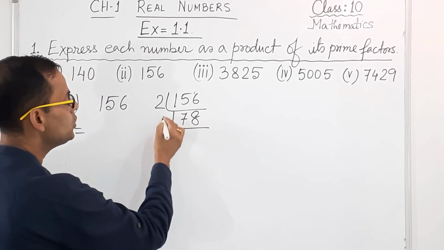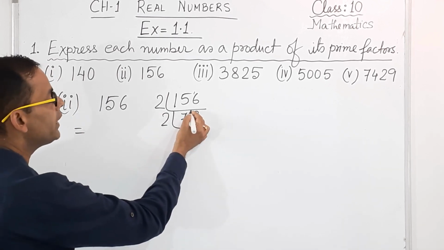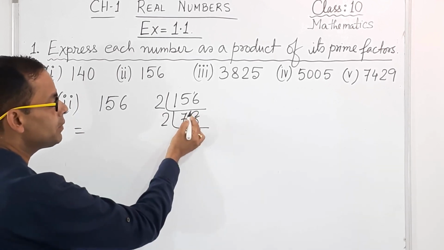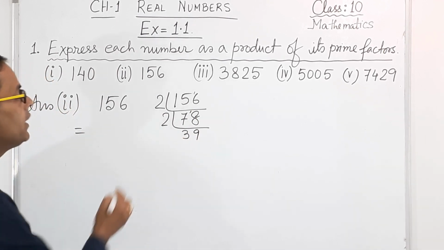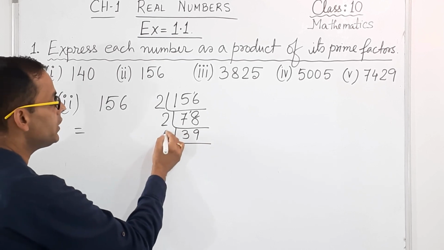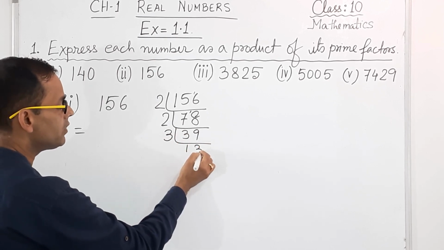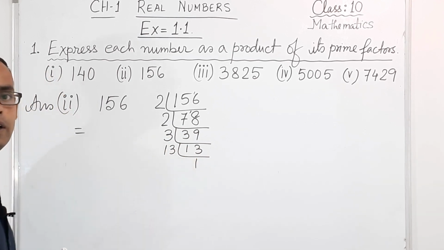Again it will go with 2. 2 3s are 6, 1 is extra, it becomes 18. 2 9s are 18. Then no more 2, it will go with 3. 3 1s are 3, 3 3s are 9, then 13 1s are 13. Clear?